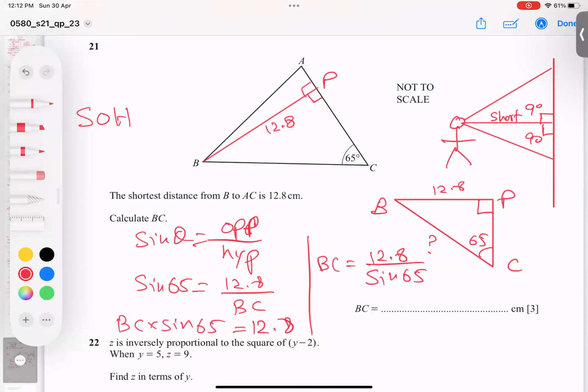And when you type this in the calculator, it comes to 14.12, but we write 3 SF. The digits continue forever, long values. So for these kinds of questions that are not exact, you are bound to write 3 SF. So the answer is 14.1.